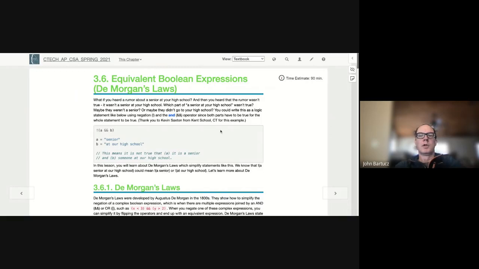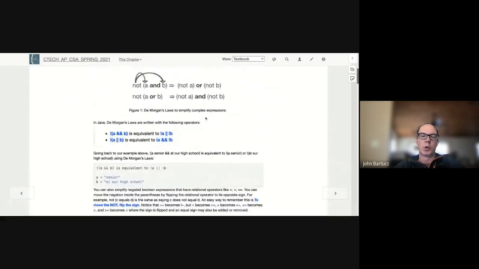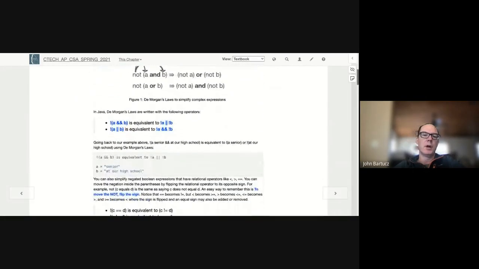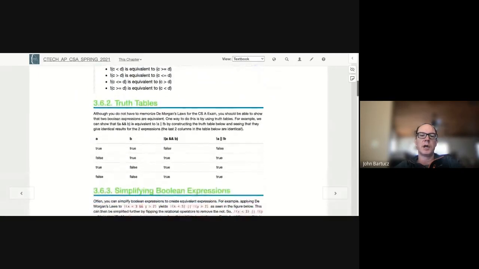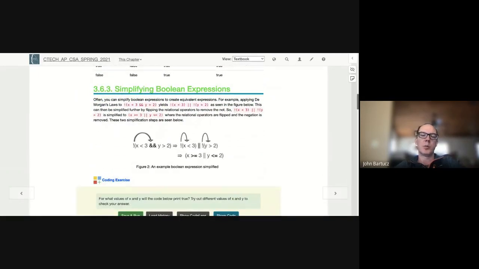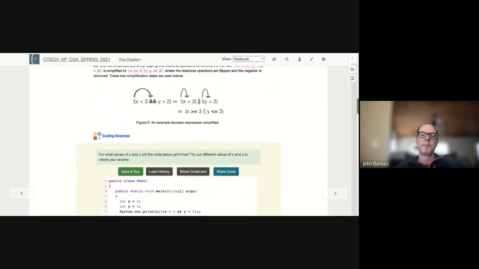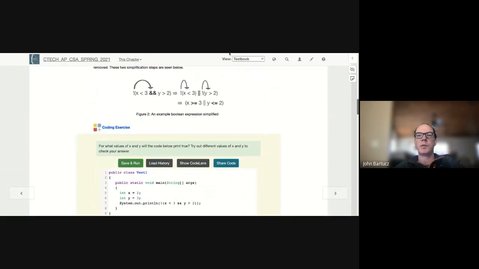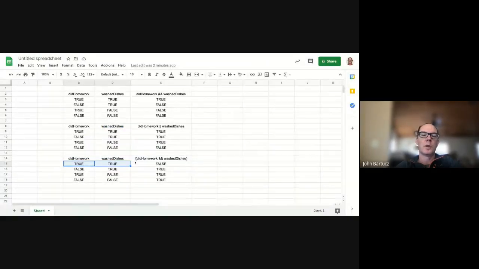So the next thing to talk about, these are De Morgan's laws, which sounds really fancy, but all it means is a way to kind of make things a little more simple. So when you see something like not did homework and wash dishes, there's a way to kind of make that a little easier to think about.